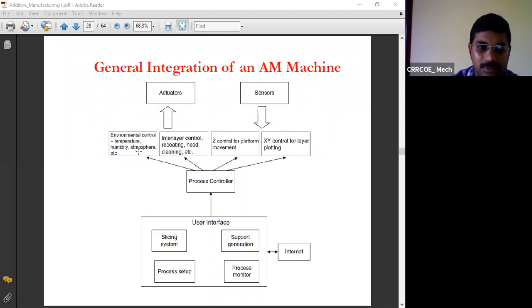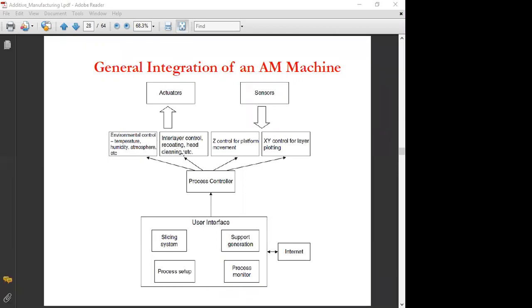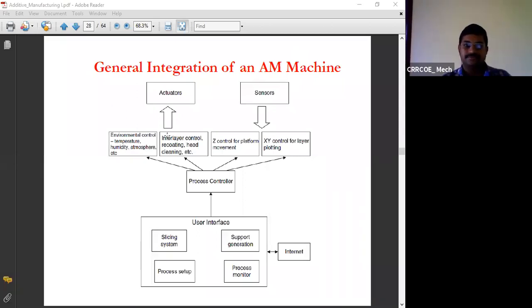Actuators, environmental control, which we discussed now, and interlayer control, recoating. Is any coating required? After producing the component, sometimes we will go for functionally graded coatings.